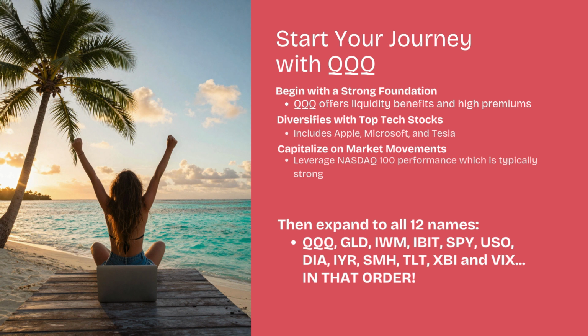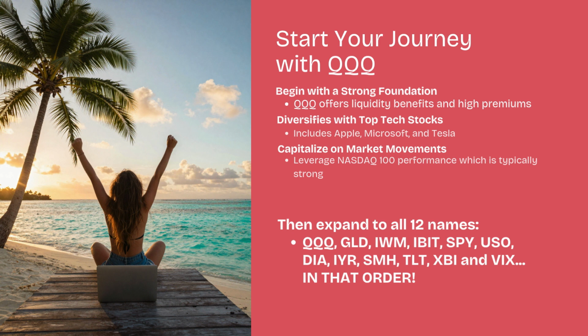So we do that very specifically because we're trying to make sure that you're going to get the different benefits that we talked about with the different asset classes and the different types of trading vehicles. So it's going to limit your exposure to a single market movement. And why do we choose QQQ?